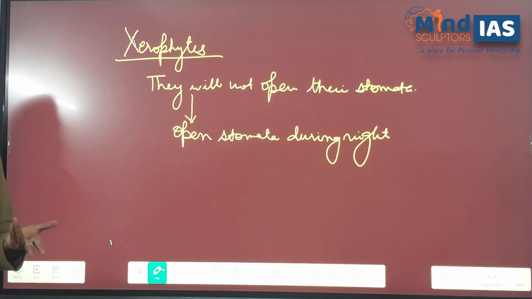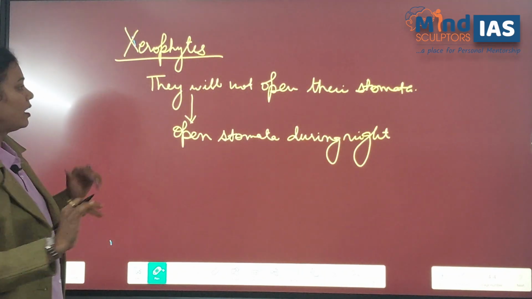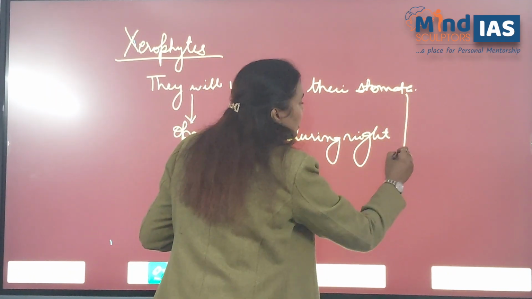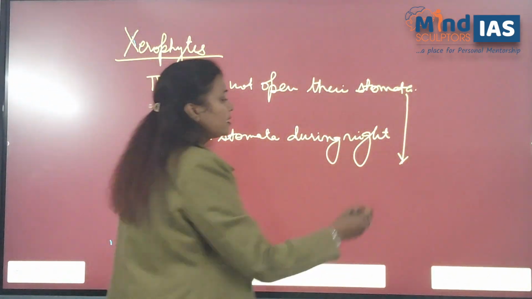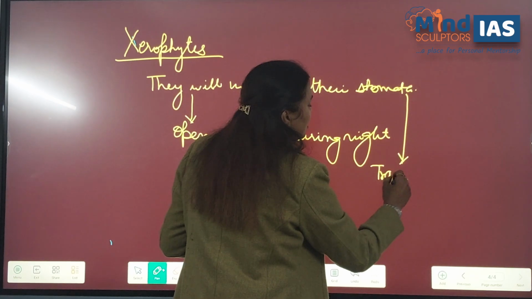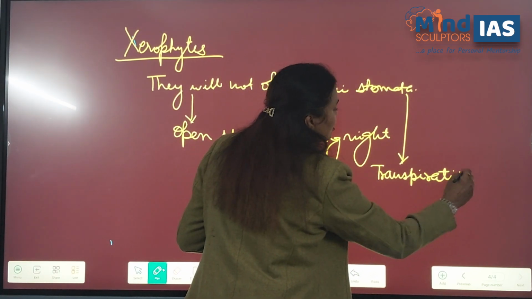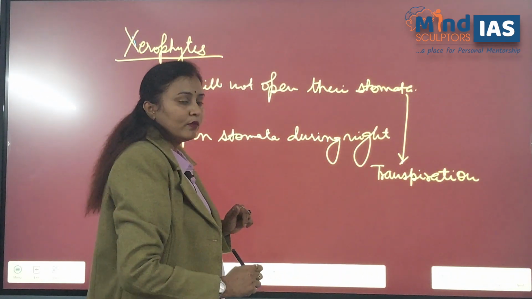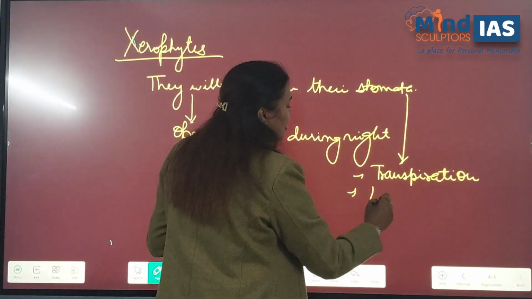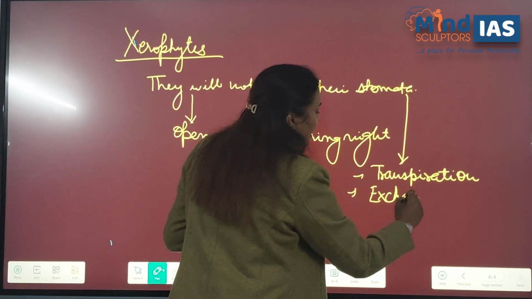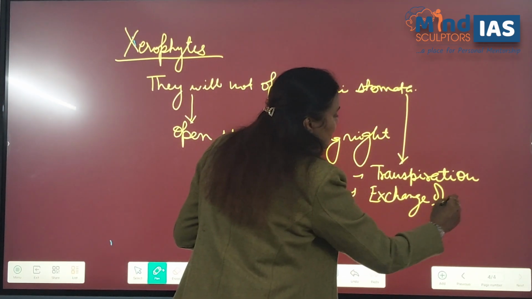What is the function of stomata? The function of stomata, in junior classes I think you have studied, is transpiration, that is loss of water in the form of water vapor, and the second important function is exchange of gases.